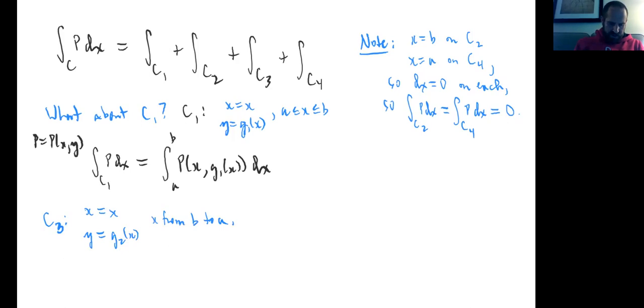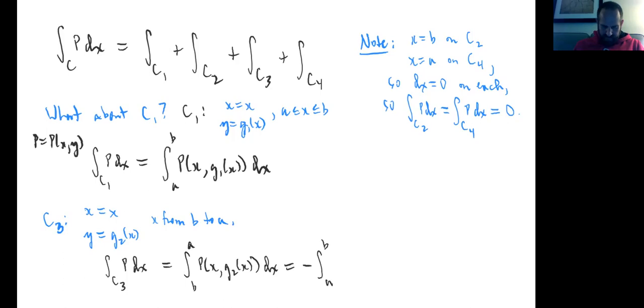So what do we get? Well, the integral over C3 of P dx is equal to the integral from b to a of P of x, g2 of x, because that's what y is on this curve, dx, which of course is just the negative of the integral from a to b of P of x, g2 of x dx. So what's our conclusion?